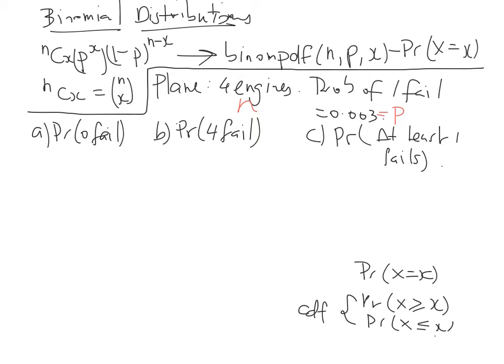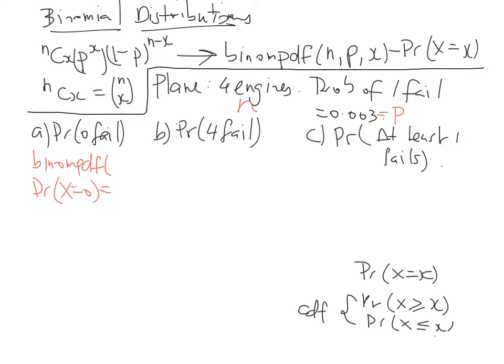So basically, if we want to find the probability of none of them failing, we can use our binom PDF. Let me just type into CAS. Binom PDF, and this is also Pr(X = 0).